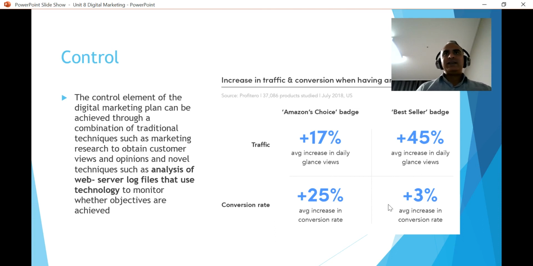So if I decide to use the badges, or if I have the Amazon's Choice badge and I'm going to pay for it, will I have more purchases from consumers? I have to measure it at the end of the term. How long is the term? It could be 6 months, 3 months, I don't know, for however long you engaged in this practice.